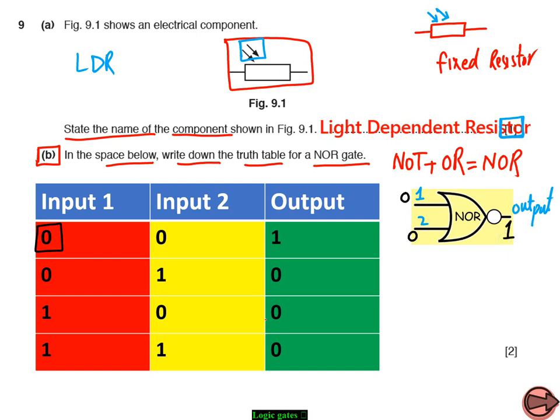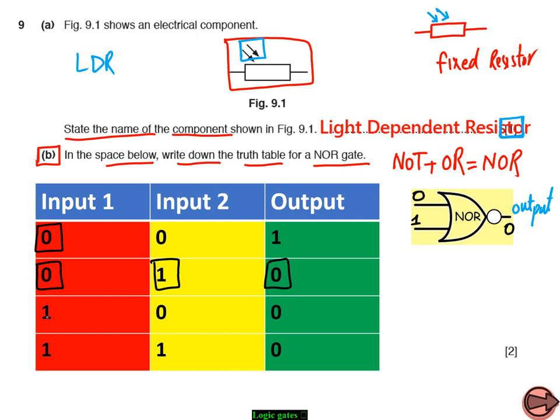The second option we can see here, when input 1 is 0 and input 2 is 1, our output will be 0. So it simply means that if I swap this, if this input is 0 and one input is 1, output again will be 0. Now let's move on to the next one.